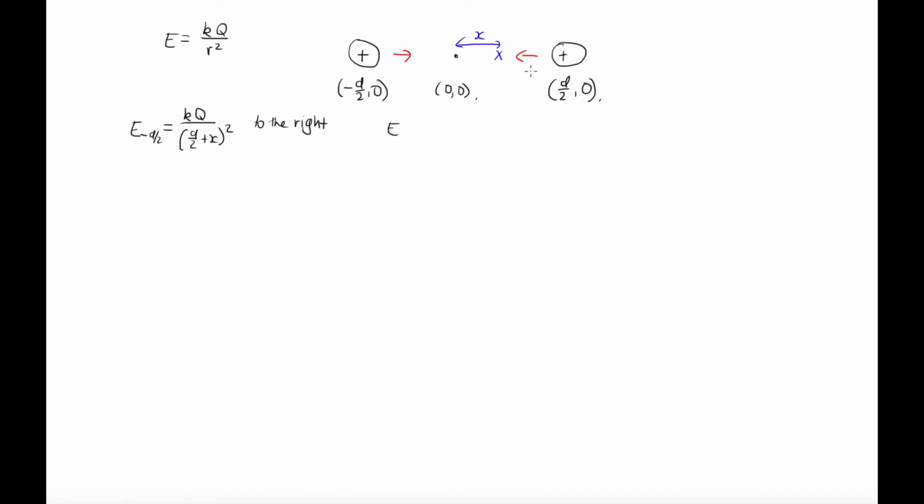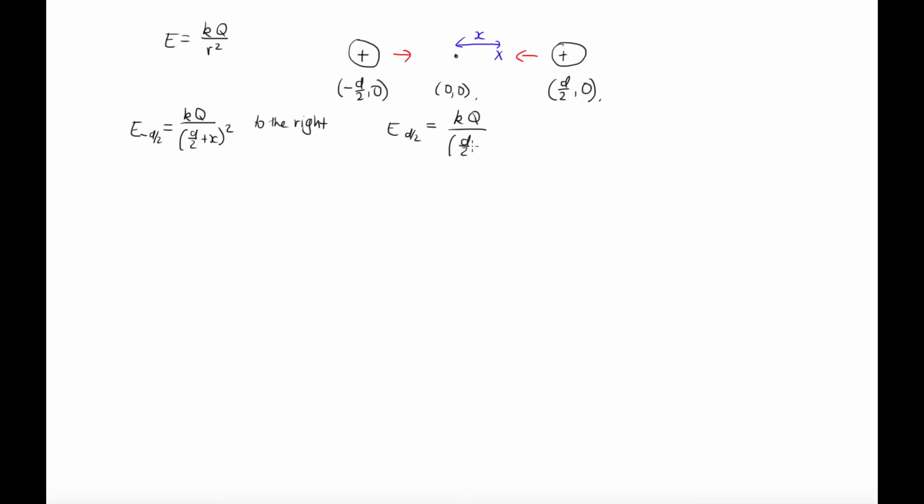And then the electric field due to the charge at d on 2 is given by, again, kq. But now we've got the distance between the charge, which is at d on 2, and the point x here. So this distance is going to be d on 2, which is this distance, minus x.